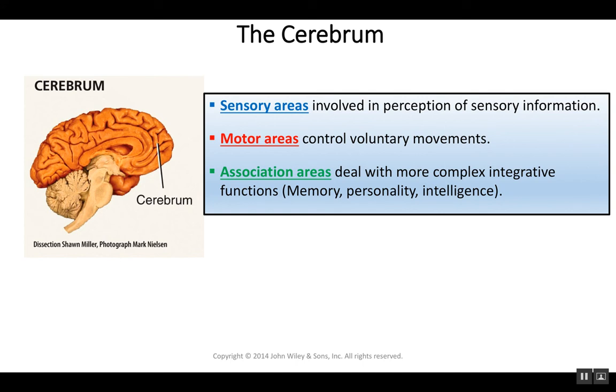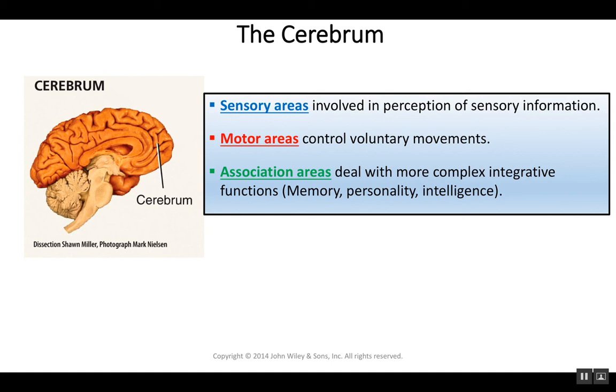And then there are the more complicated areas, referred to as association areas. Association areas deal more with the complex functions, what we call the integrative functions, where they will take in some of this sensory information, take in memory, add in some intelligence in order to make a decision based on that information.